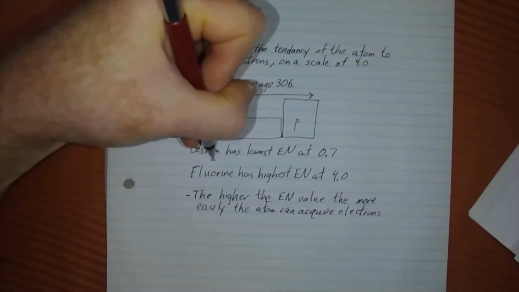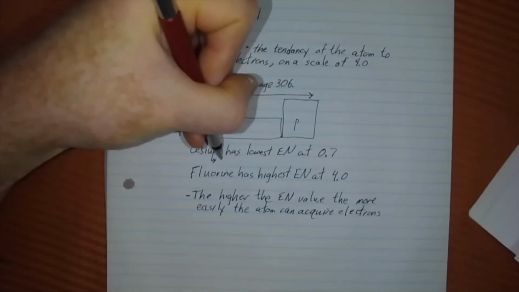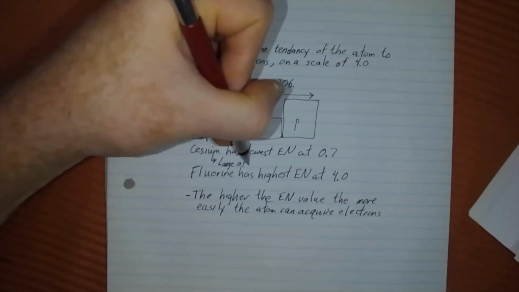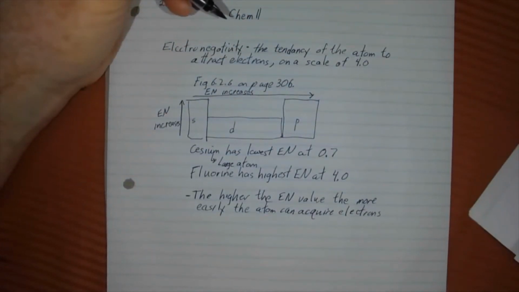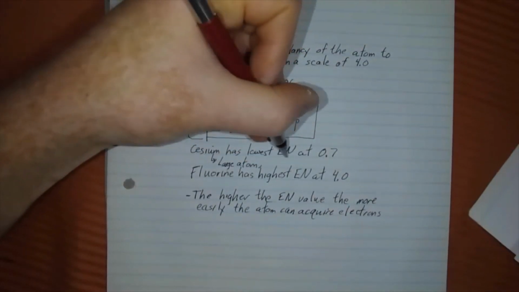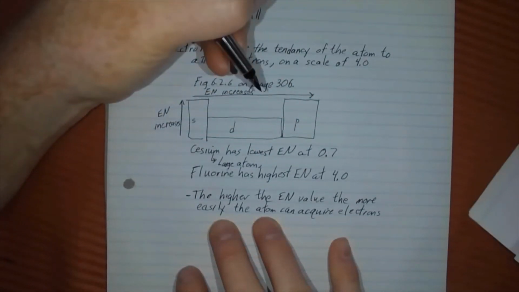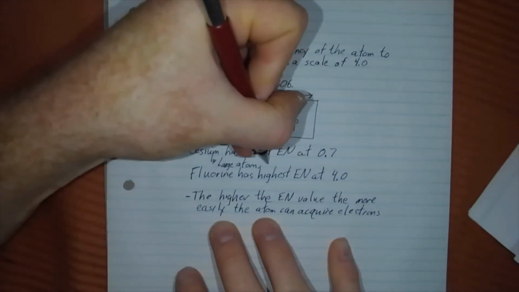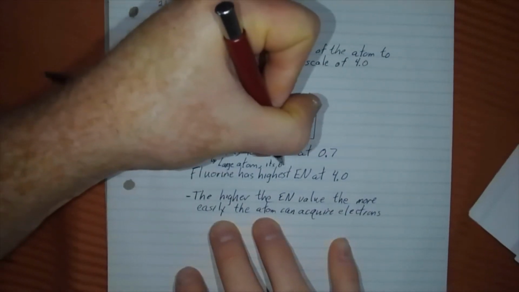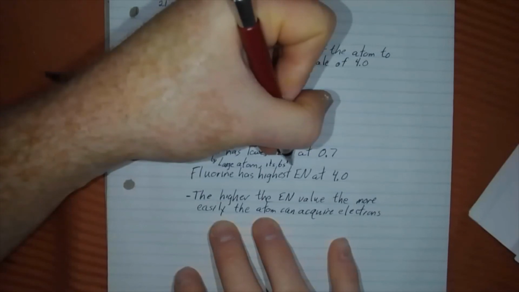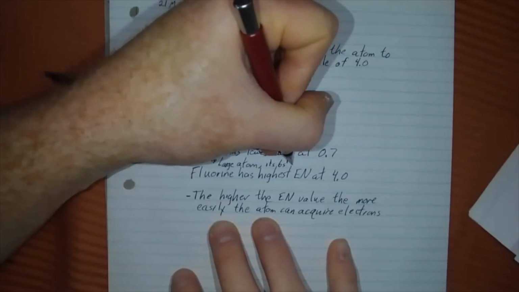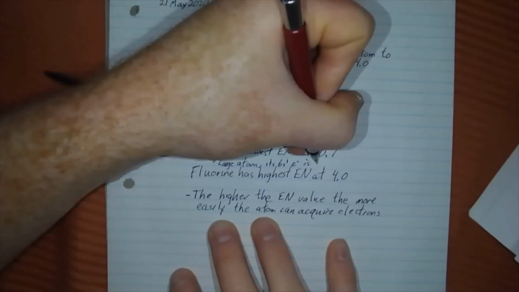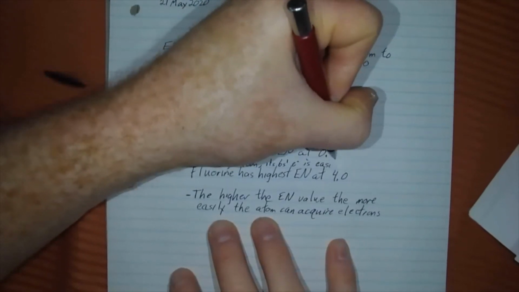And so cesium, I left this gap here for a reason, it's large. It's a large atom. What row is it? 1, 2, 3, 4, 5, 6. It's 6s1. The electron is easily removed.